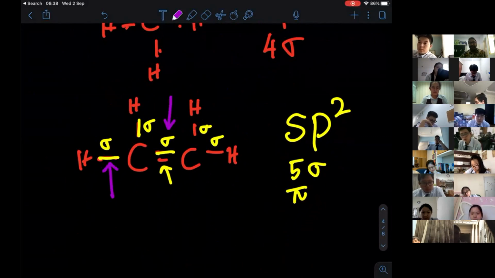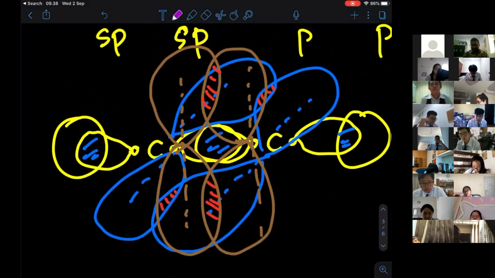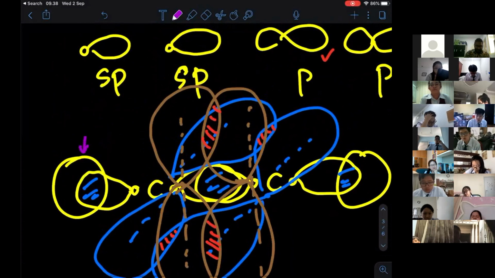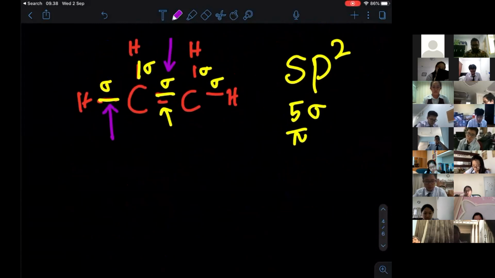Now, if they ask you what type of orbitals are involved for this sigma bond, you take a look at the diagram. This is an s orbital, and this is going to be a hybrid orbital. If I want to find out what type of overlap, this is the overlap between s and the carbon, which is 1, 2, 3, so sp2.